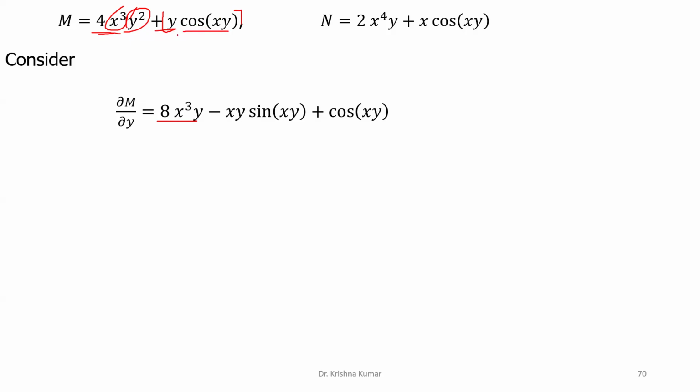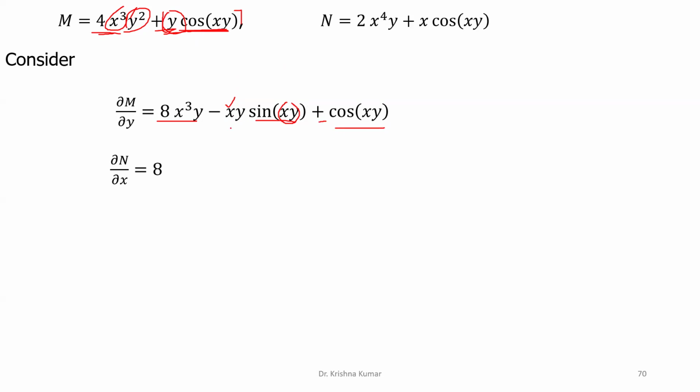The derivative of cos xy is minus sin xy, and the derivative of xy with respect to y is x. So the derivative of y cos xy is minus xy sin xy plus the derivative of y, which is 1, times cos xy.